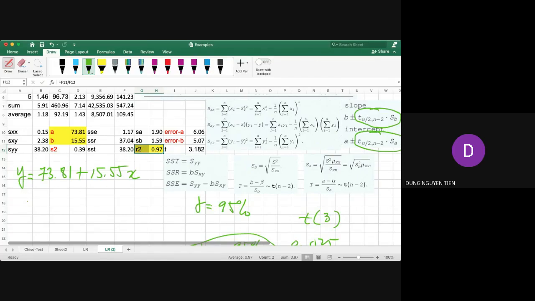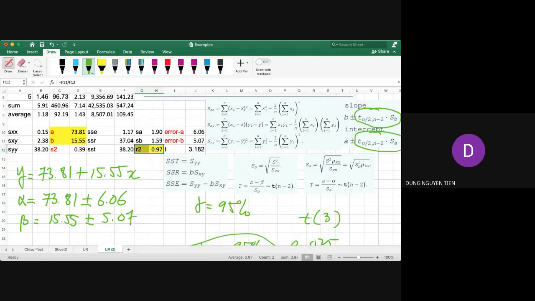You can also get the confidence interval: alpha equals 73.81 plus or minus the error, 6.06, and beta is 15.55 plus or minus 5.07. Do you understand? That's all clear. It is okay, everybody?